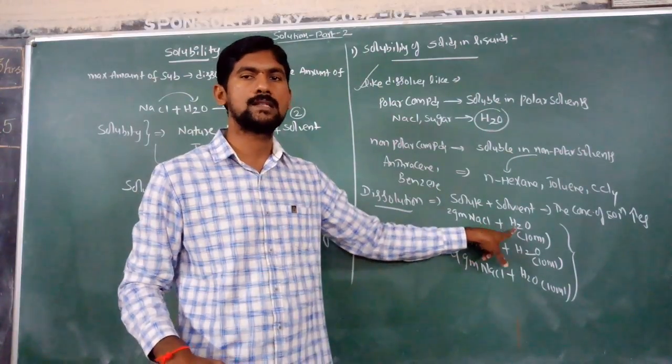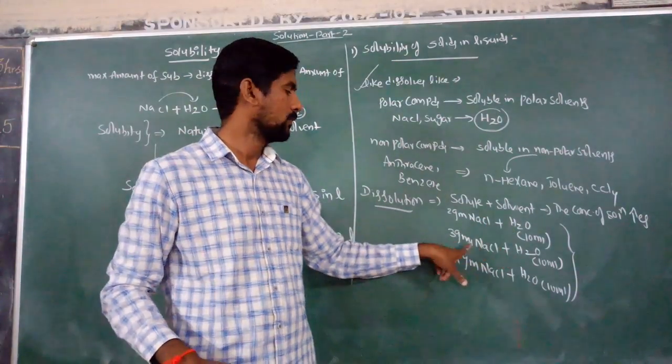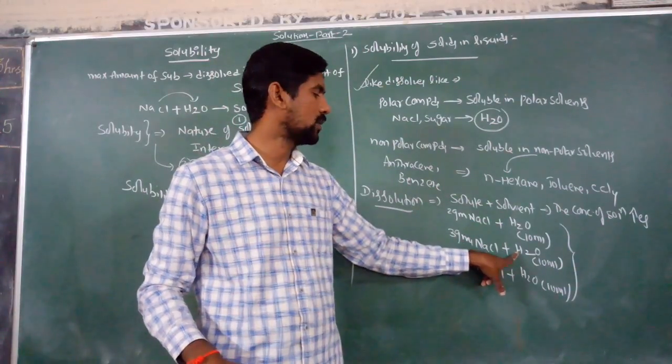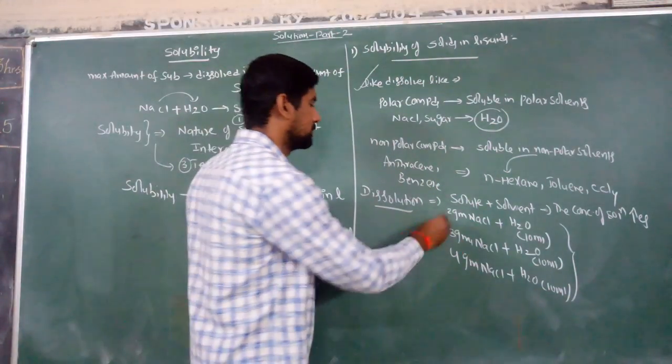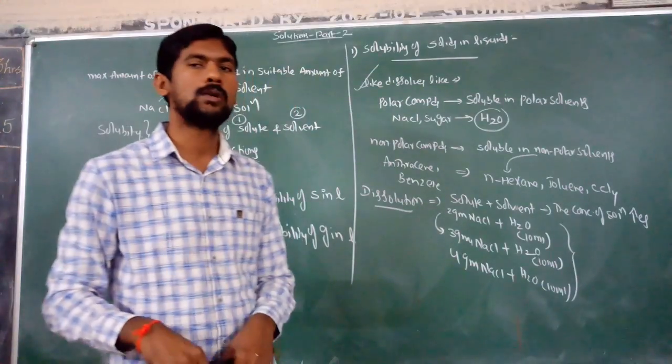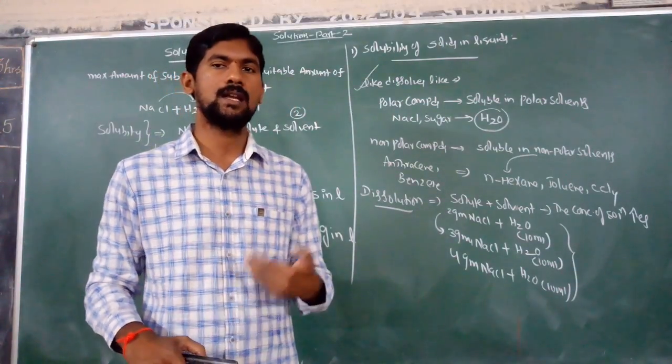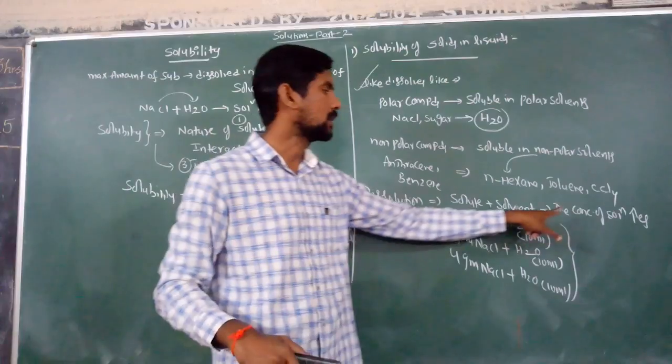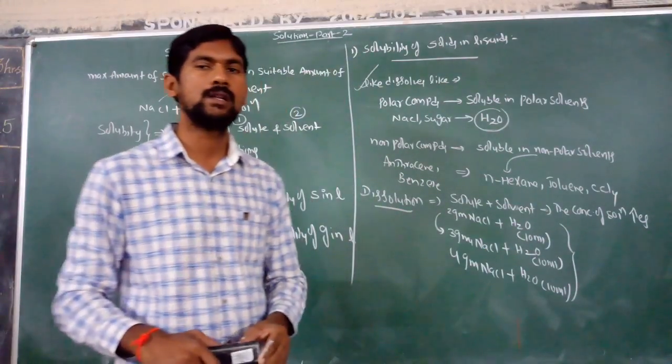The sodium chloride is soluble in water. If you increase the amount of solute, the concentration of the solution gradually increases.